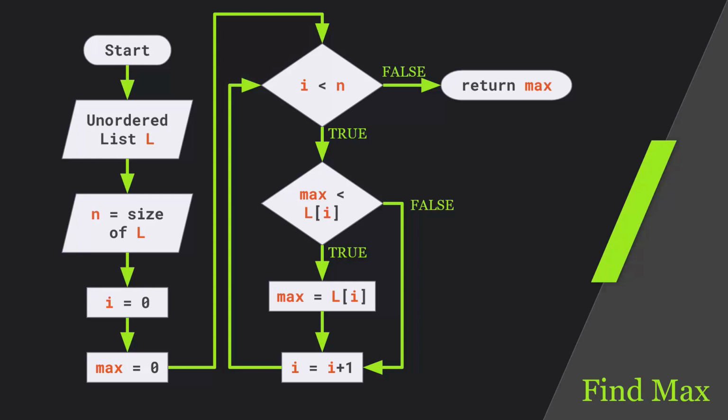And because I see at this decision here with max is less than L at I, I see an if else there, just because of the structure of the flowchart. So it allows me to kind of see what the code might end up looking like. And so when I go to develop this, I kind of already have an image of what the implementation might look like.